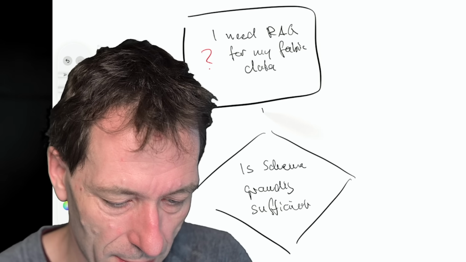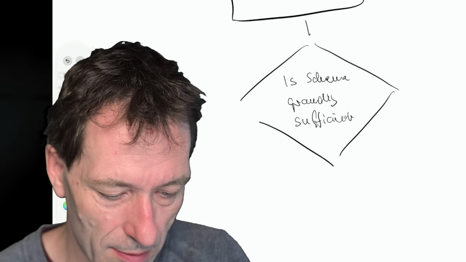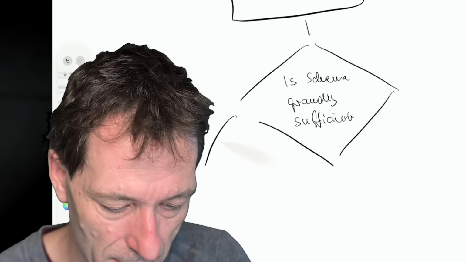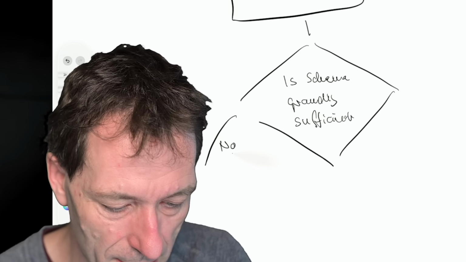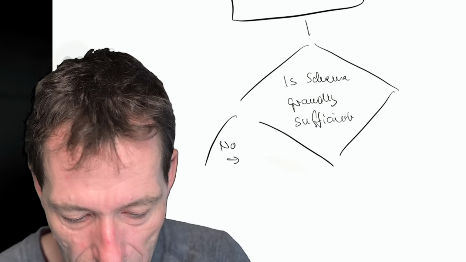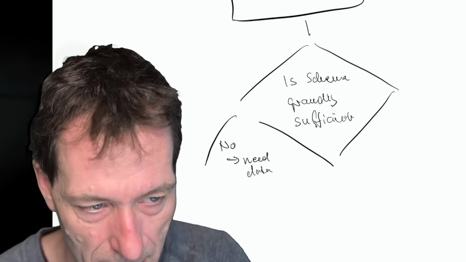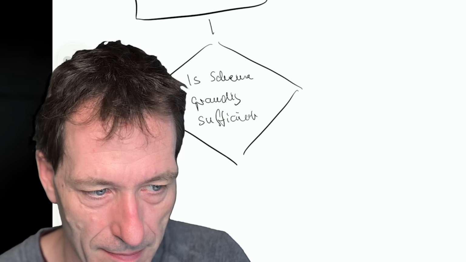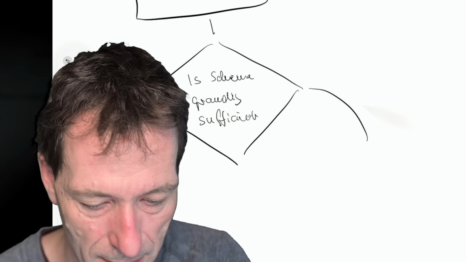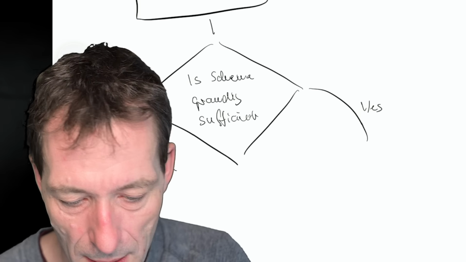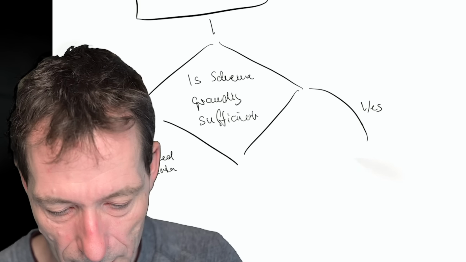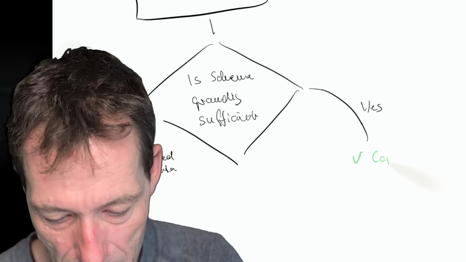First question. Left is no. No means I need the real data. Yes, then you are good to go with Copilot and Fabric.